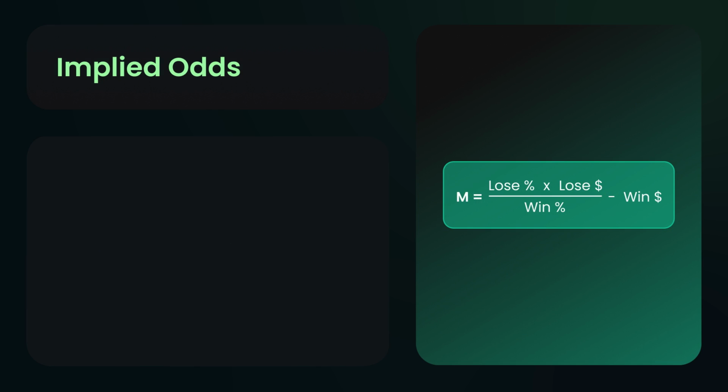Now, knowing this, we can use this type of equation to figure out a more general formula that we can use to plug in stuff in other situations. This is just a general formula for drawing, where M is the required extra winnings on the river, so how much money you want your opponent to put in on the river when you hit your draw. Lose percentage is just how often you'll miss. Win percentage is how often you'll hit.